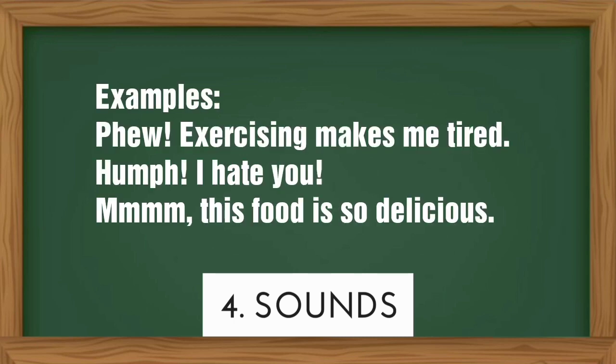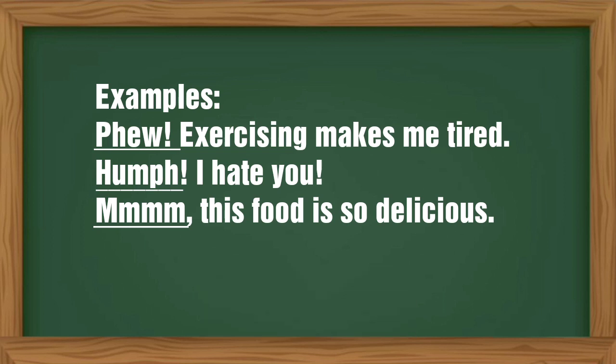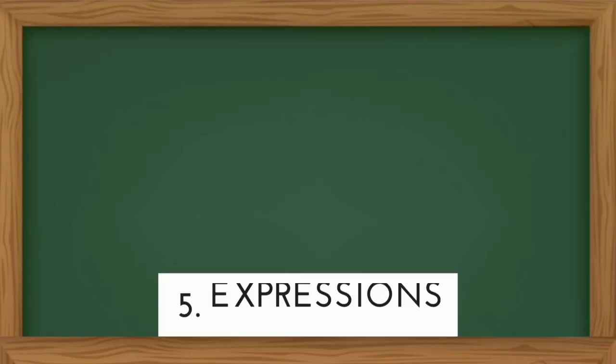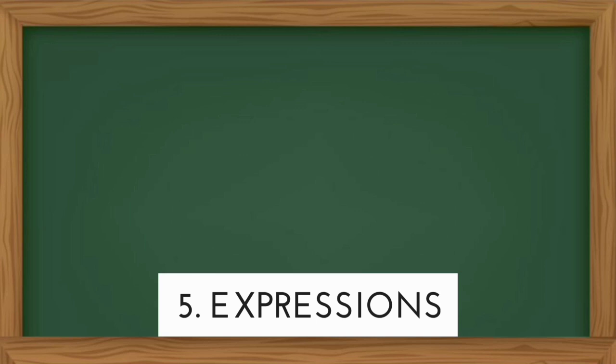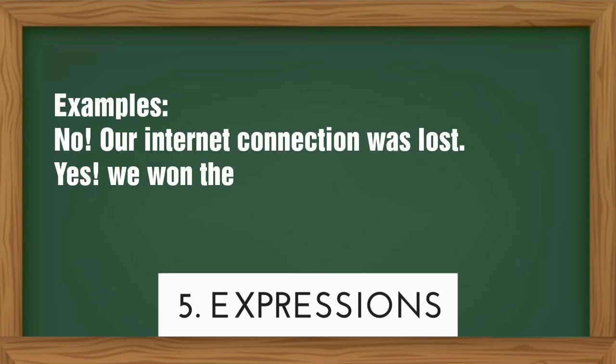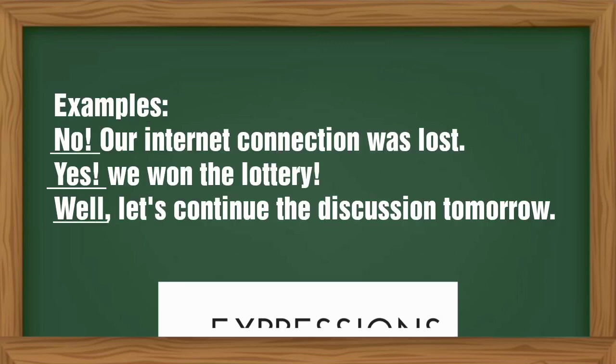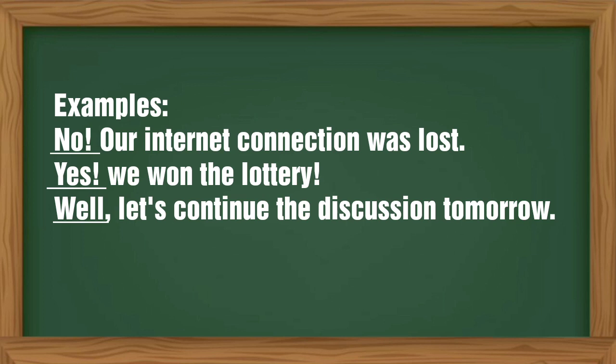In the following examples, the underlined words are interjections which came from sounds. The last type are expressions. Interjections can also be expressions such as yes, no, indeed, and well. In the following examples, the underlined words are expressions which are used as interjections in the sentences.